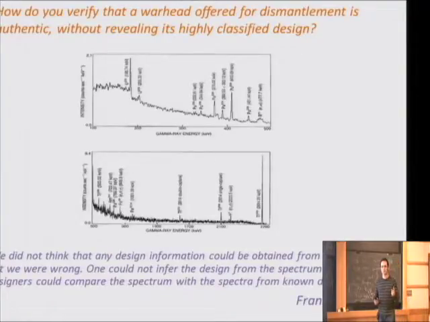The reason they were wrong is that, in principle, it is what's called auxiliary information in cryptography. In principle, you couldn't recover a design just looking at this information, but if you had a list of 10,000 alternative designs that you think the Soviets might have had, and you ran all of them on a computer to see what the gamma spectrum would look like, then you would be able to match this thing.